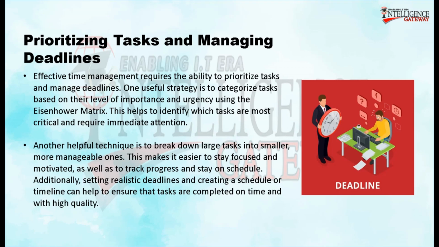Another helpful technique is to break down large tasks into smaller, more manageable ones. This makes it easier to stay focused and motivated, as well as to track progress and stay on schedule. Additionally, setting realistic deadlines and creating a schedule or timeline can help to ensure that tasks are completed on time and with high quality.